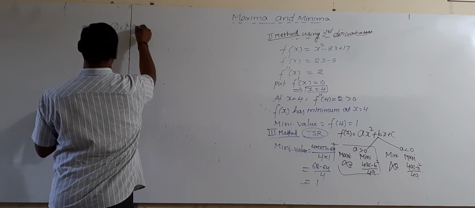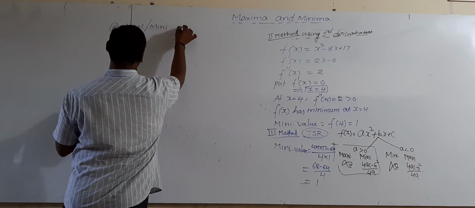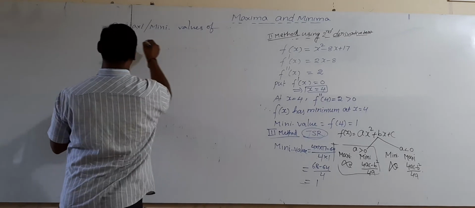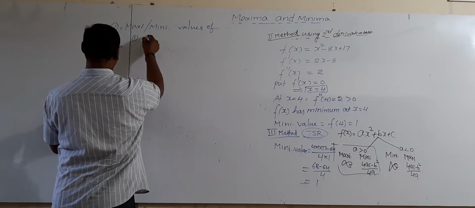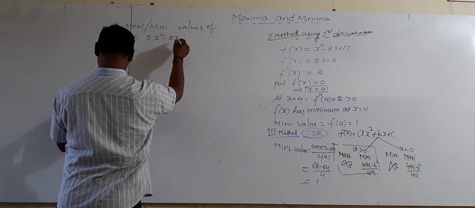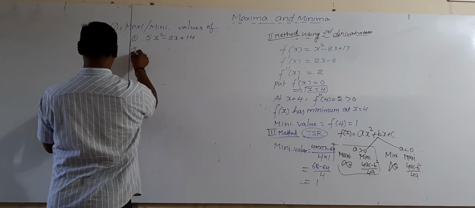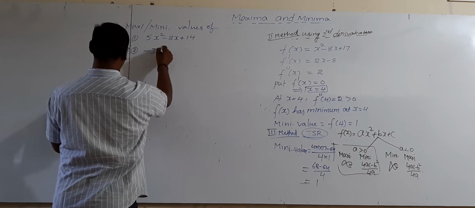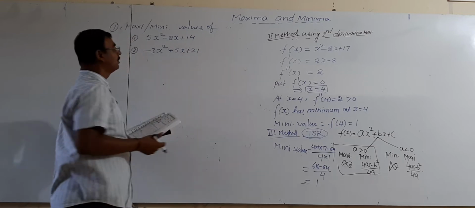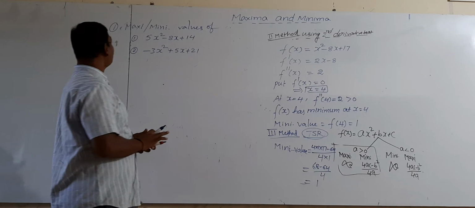Find the maximum or minimum values of: first one, 5x square minus 8x plus 14. Second problem, minus 3x square plus 5x plus 21. After this we are going to the next model.